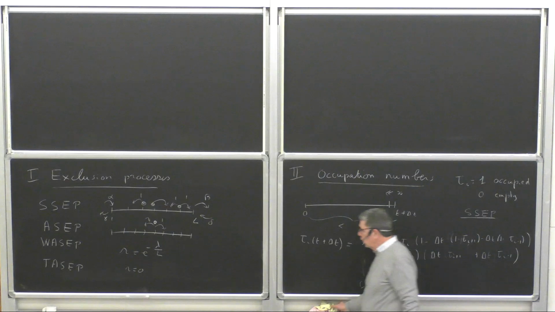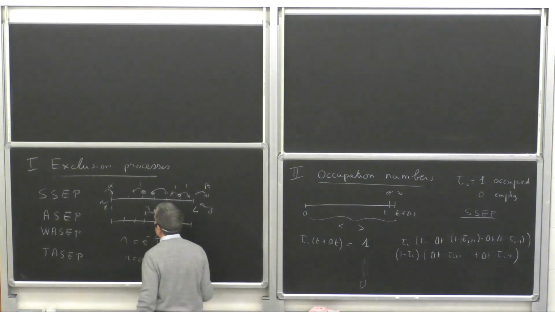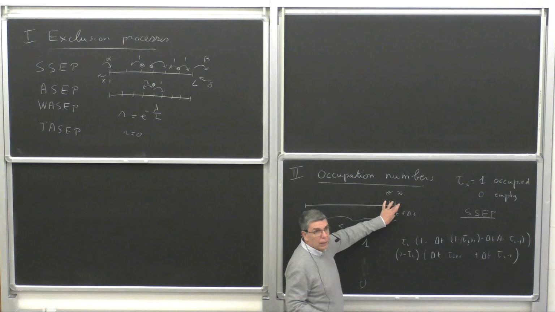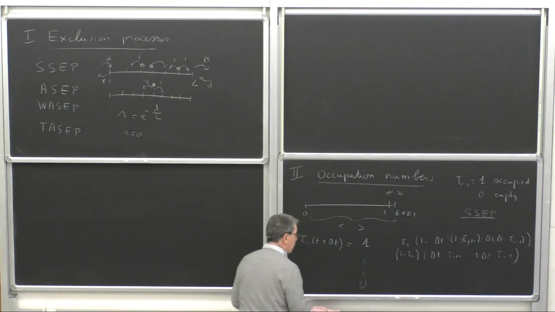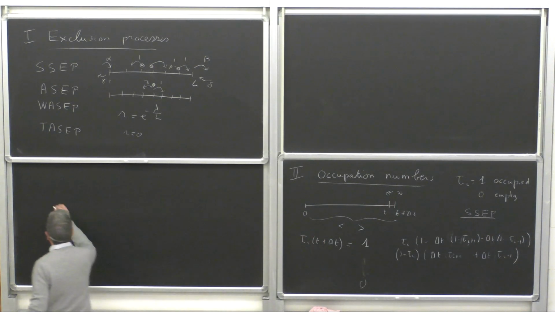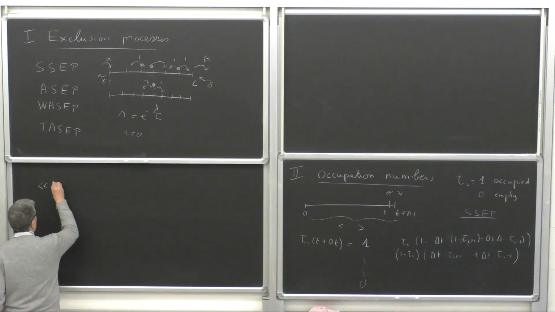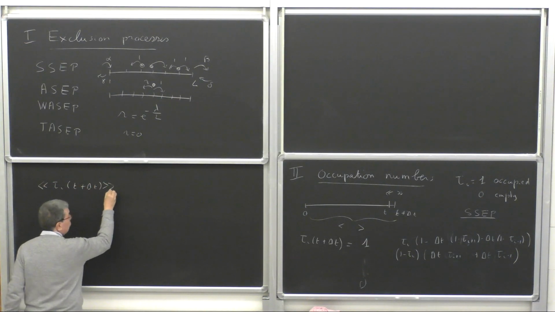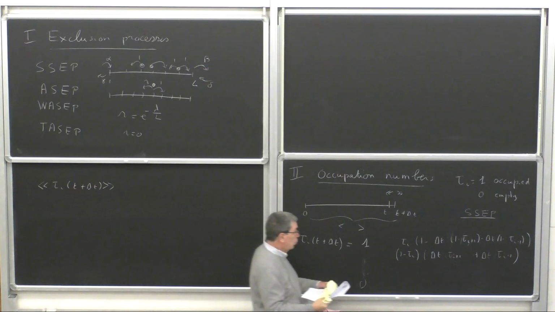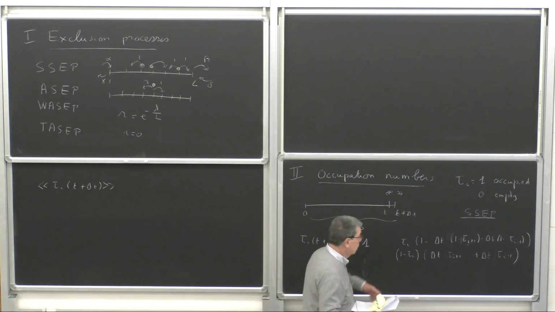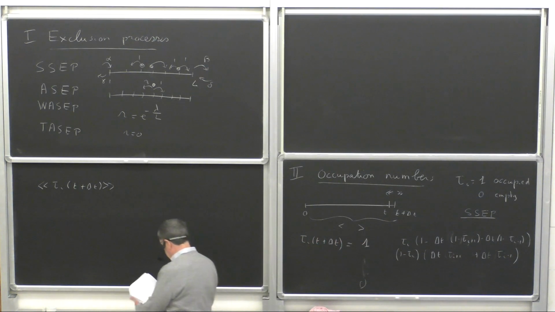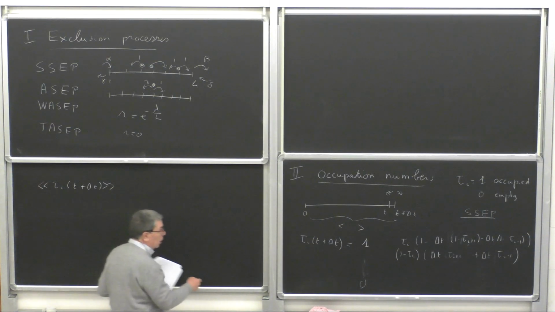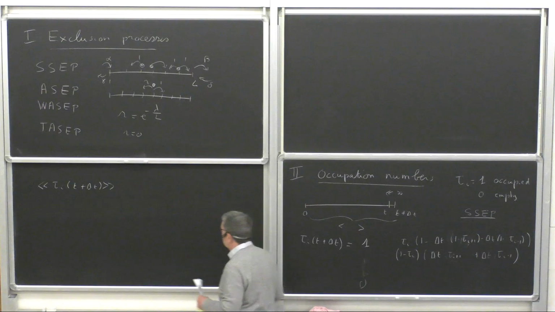Okay, so let me see what the evolution is. If I just average over the very last time interval, so tau i at time t plus delta t, I have just to sum this, and so it gives me, in fact, the 1 gives me tau i.